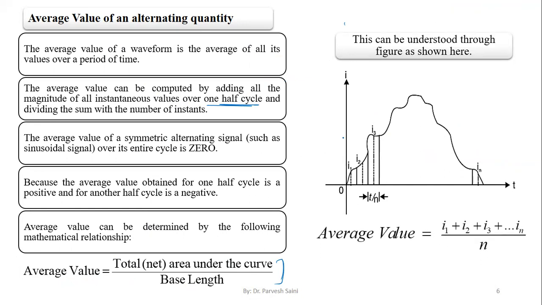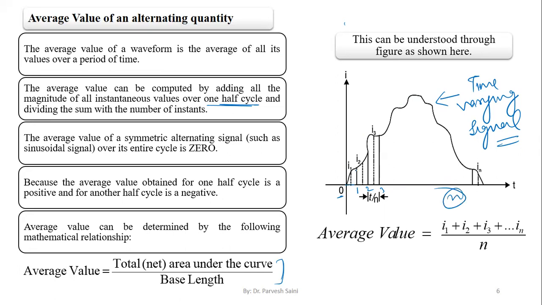If you have an alternating signal, a time varying signal, this is the zeroth instant, and first, second, third, and we divide the signal into instants.